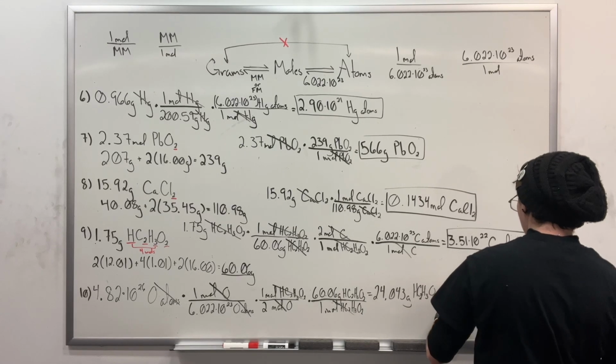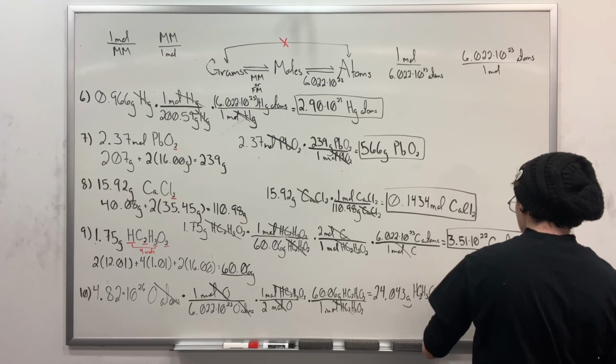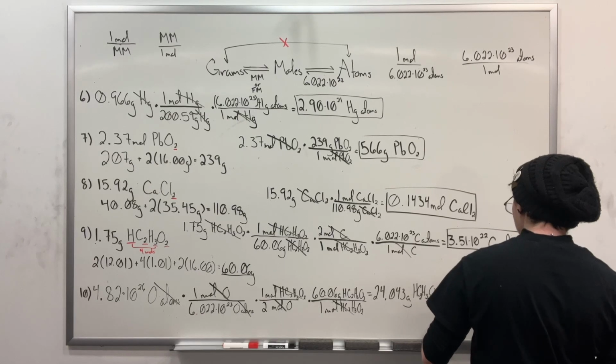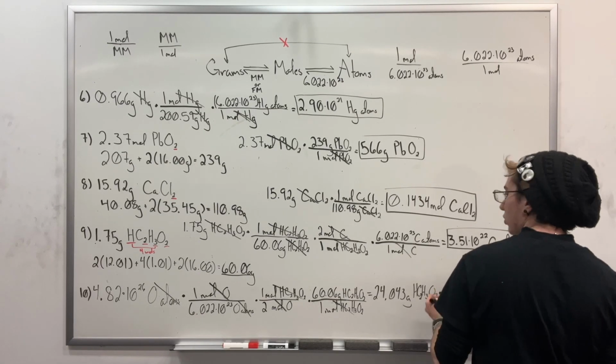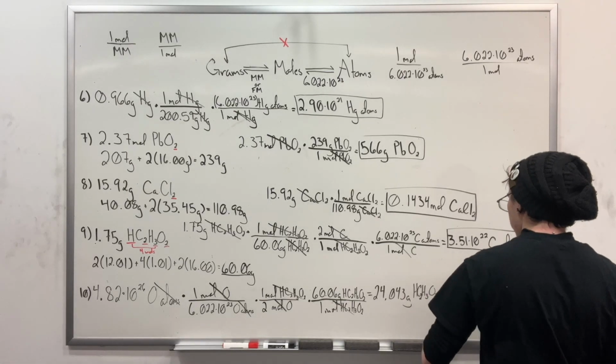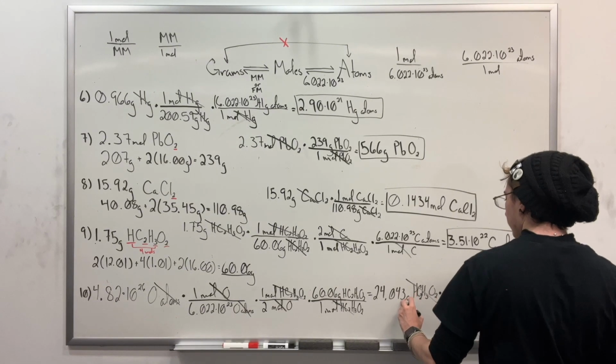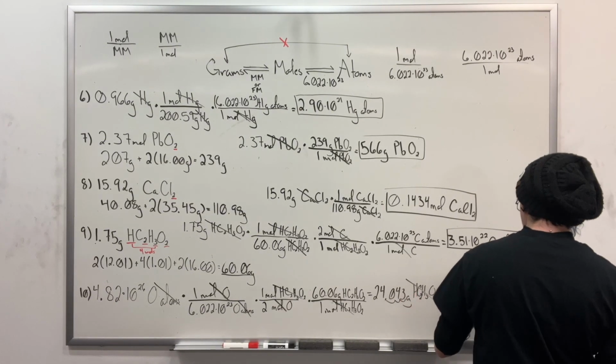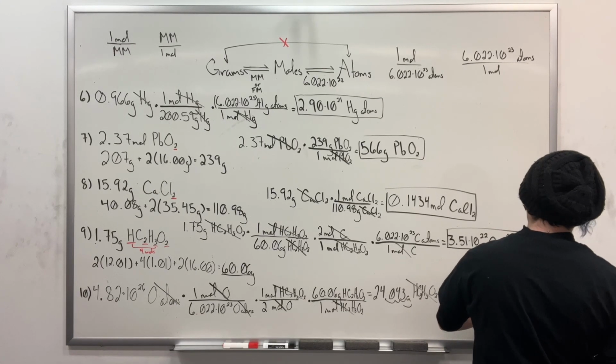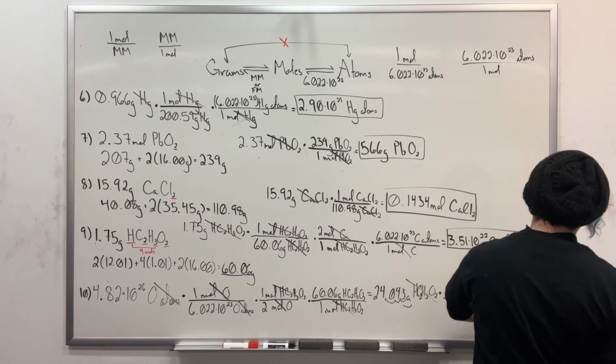So for every 1 kilogram, there is 10 to the third, or 1,000 grams. And so we move the decimal over 3. We have 24 kilograms of HC2H3O2.